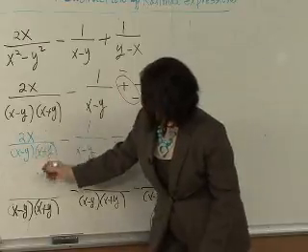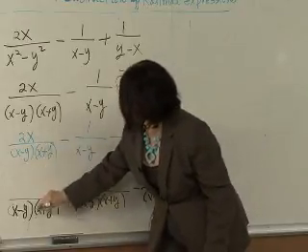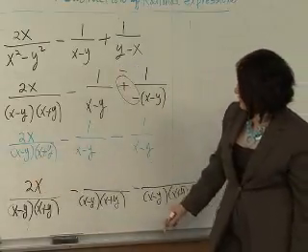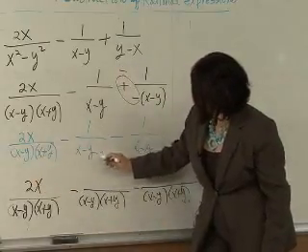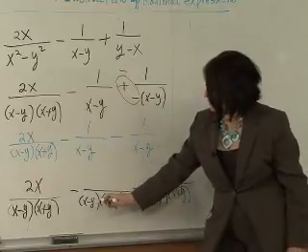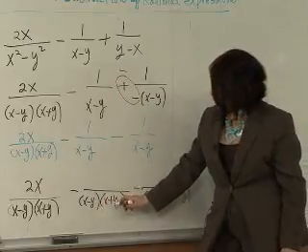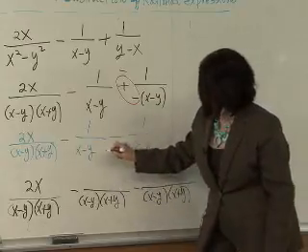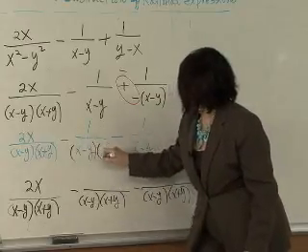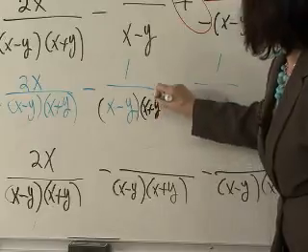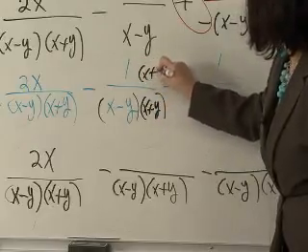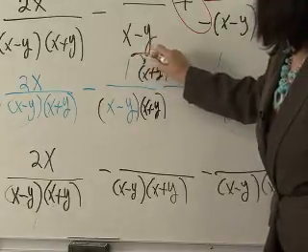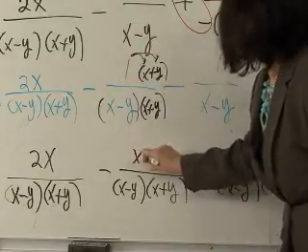Okay, so this fraction contains the LCD, so there's nothing to do. I just bring it down the way it is. This fraction has x minus y, but the LCD contains x minus y times x plus y. So I must multiply top and bottom by what's missing, which is x plus y. And when I do that, I distribute it over, so I get x plus y.